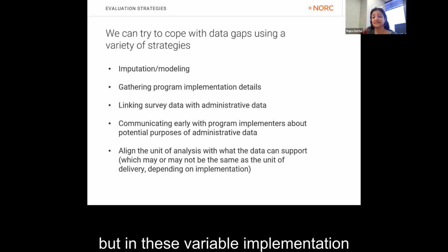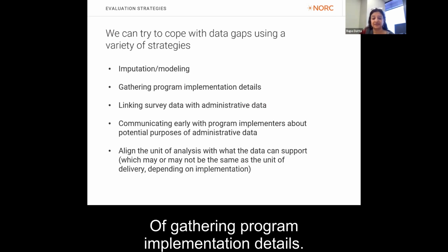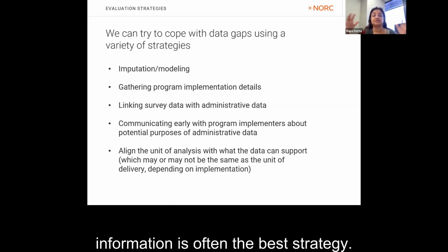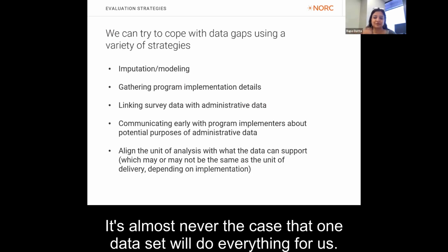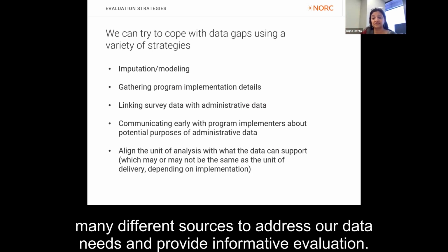But in these variable implementation settings, I don't think we can overestimate the value of gathering program implementation details. Similarly, because of the complexity, I think linking survey data, administrative data, policy context information is often the best strategy. It's almost never the case that one data set will do everything for us. And so how can we bring together many different sources to address our data needs and provide informative evaluation?